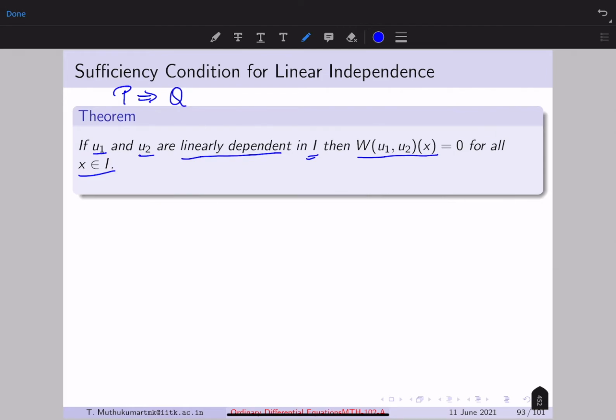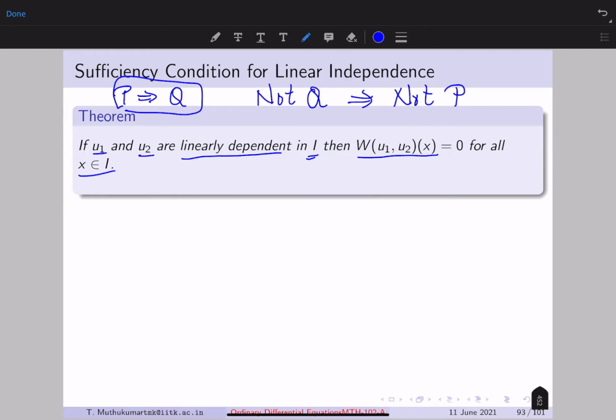If P implies Q, then you know from logic that not Q implies not P. This means that if Q does not happen, then P does not happen, because if P happens, then Q happens.